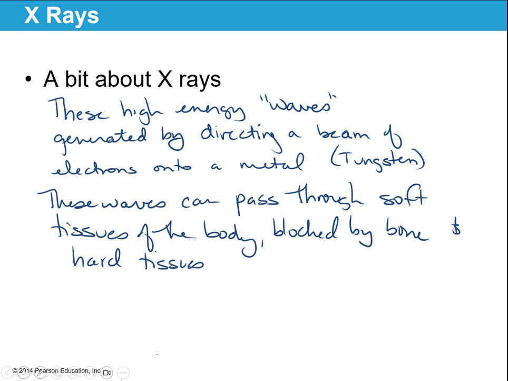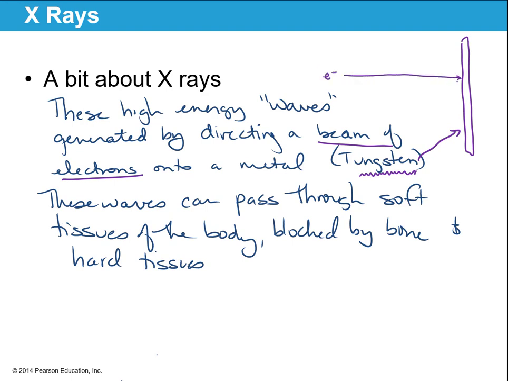And what it does is there is a power supply that can generate a beam of electrons. So it's basically like electricity, but it can flow through a space. When it hits a metal, and usually the metal they use is tungsten, so you have this sheet of tungsten right here, and a power supply that shoots electrons at this tungsten.